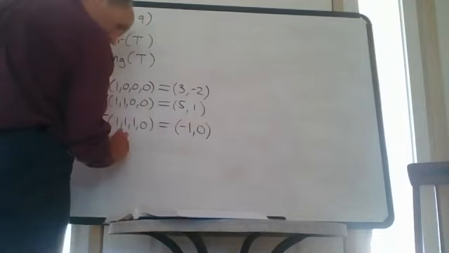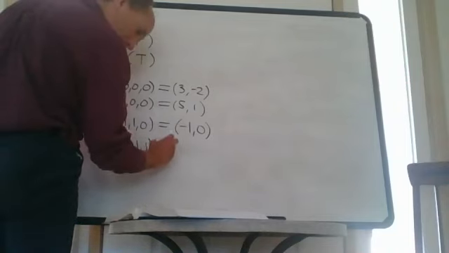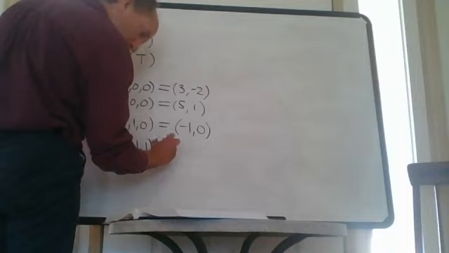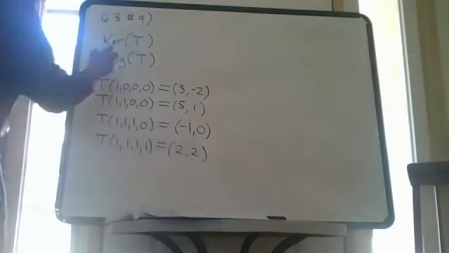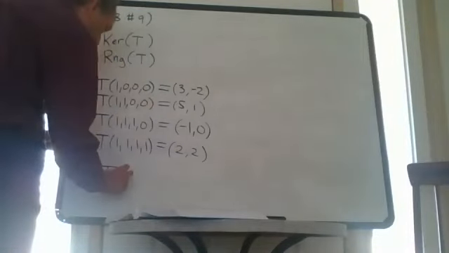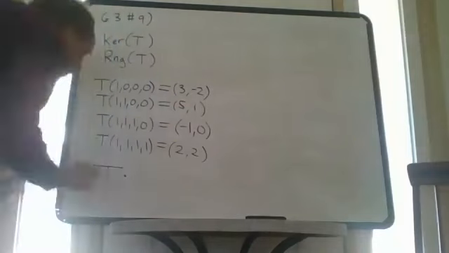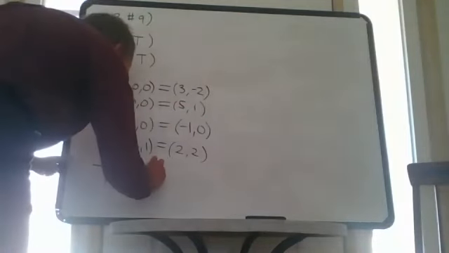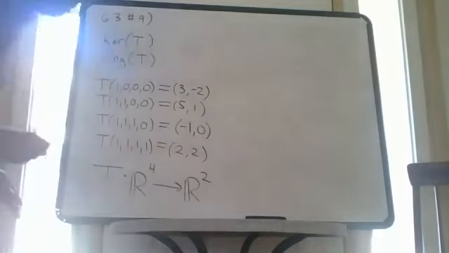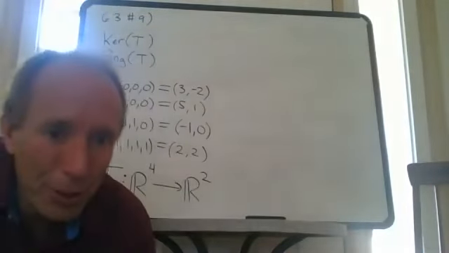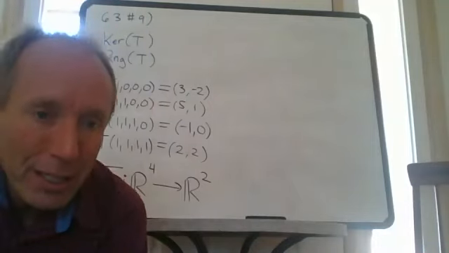And finally, the vector T of 1, 1, 1, 1 is equal to 2, 2. Okay. By the way, as you can obviously tell, this is a transformation that goes from R4 to R2, right? You can see that because the inputs have 4 slots and the outputs have 2 slots, right?